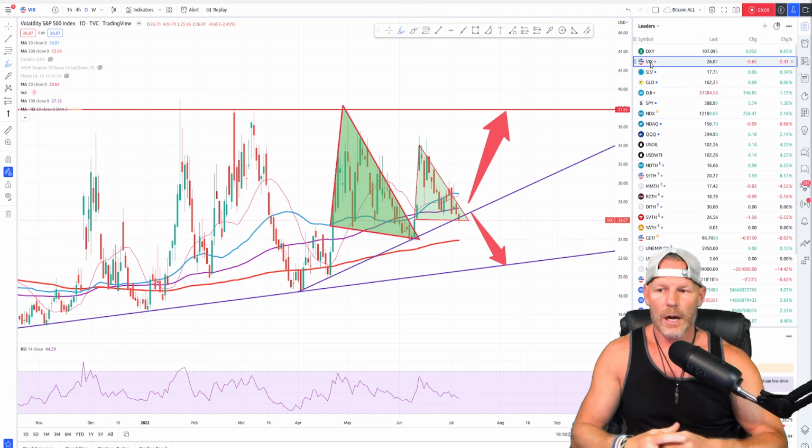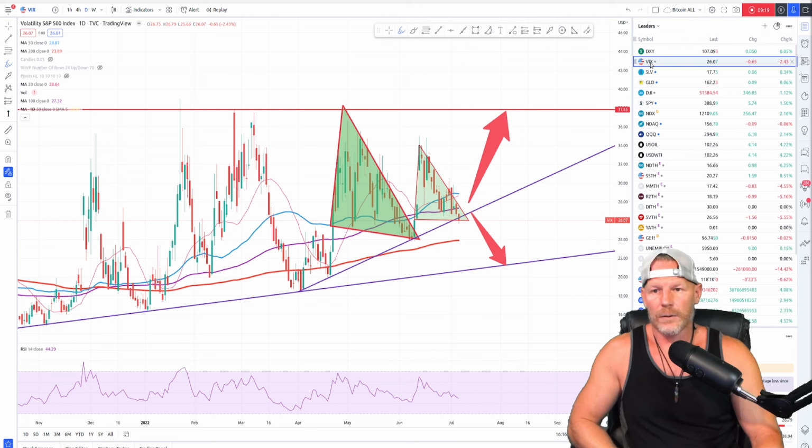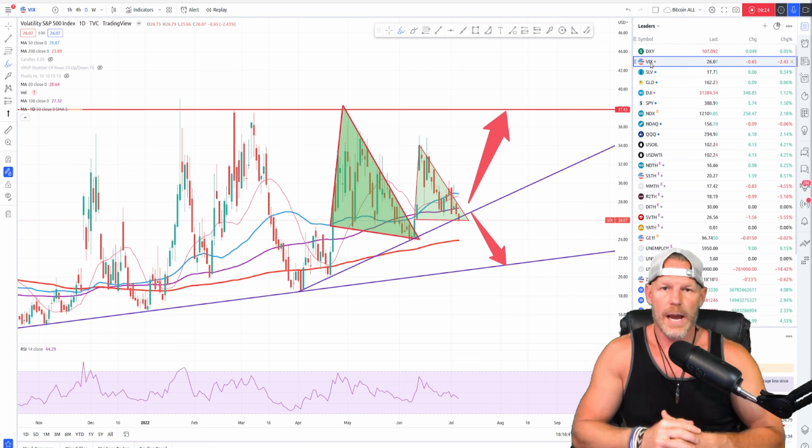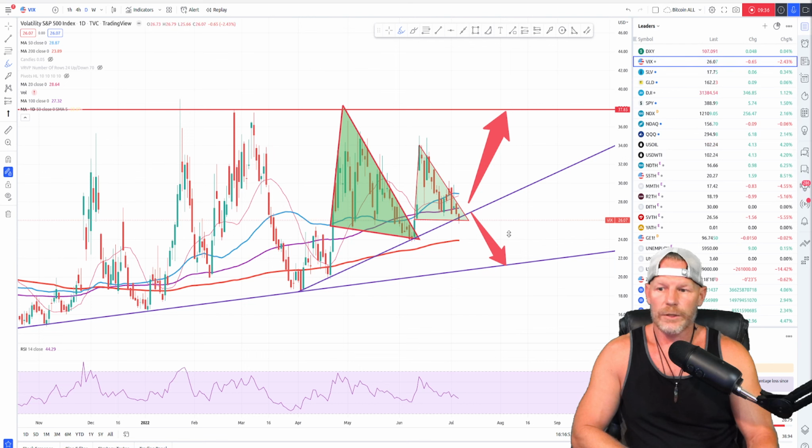But the majority of the fear that is being priced into the VIX here does actually come from the dollar, the strength of the dollar, which is indicative of the Fed's rate hikes. All right. So we can see that since the dollar has reached that resistance and is likely to come back down, fear is also reducing.